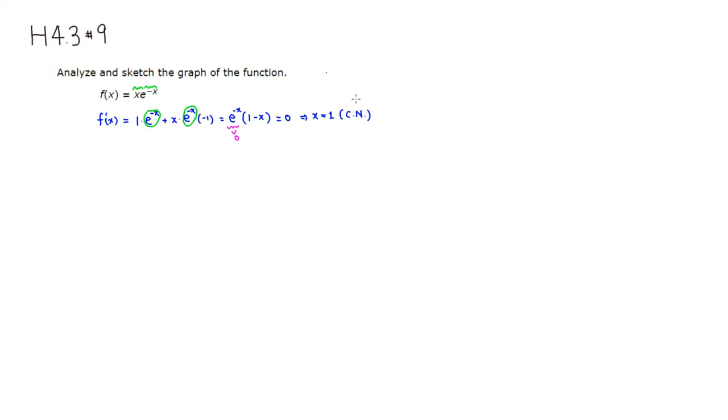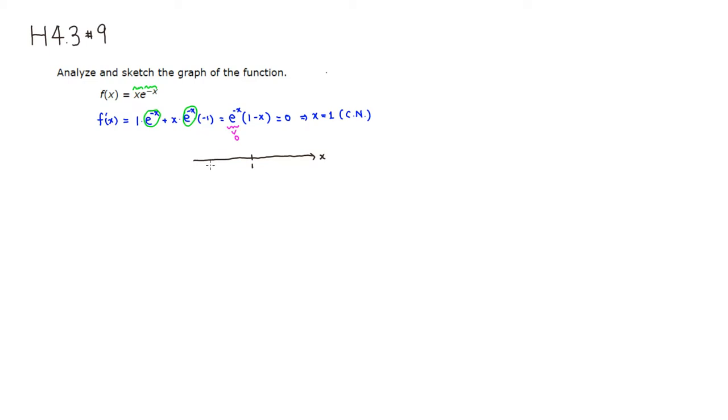Then we can find out about increasing and decreasing behavior. We have 1 as a critical number, so I put a tick mark there. Let's find out about the sign here.